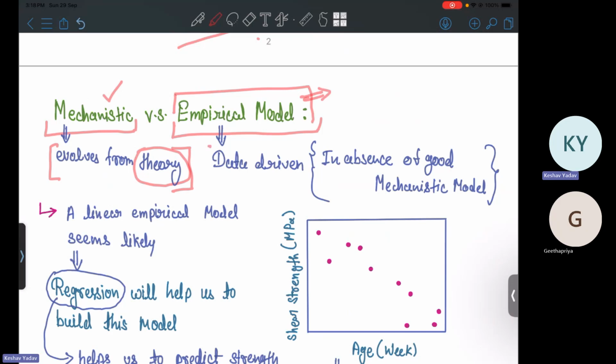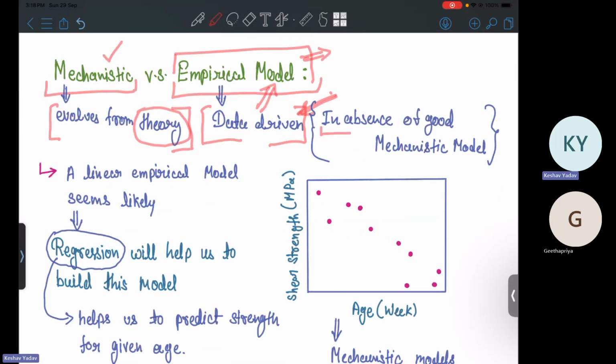In that case, by using the data that we have, we can apply an empirical model that is data driven. This empirical model is generally used when we do not have a good mechanistic model.